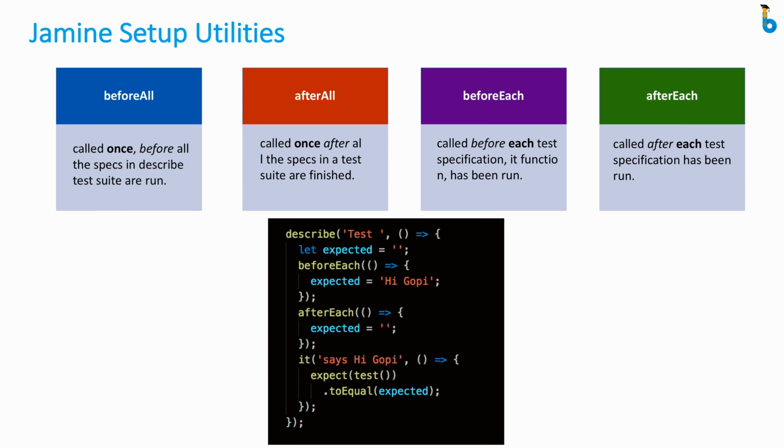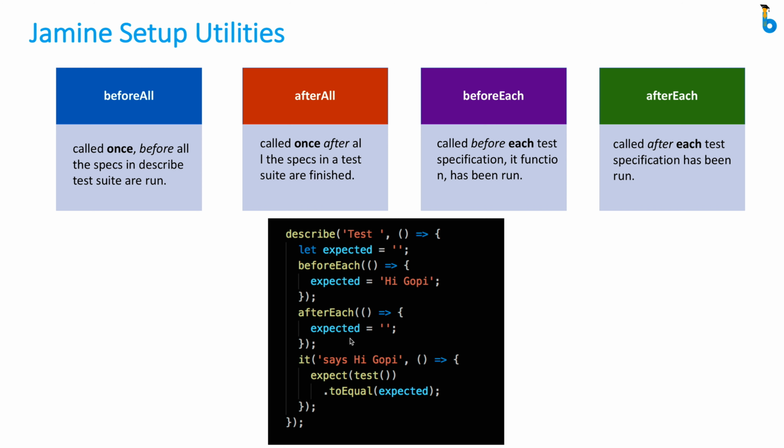If you take a look at this describe block, the beforeEach just assigns the value "hi gopi" to the expected variable, and it runs the it block that says "hi gopi", and when it is done, it runs afterEach.